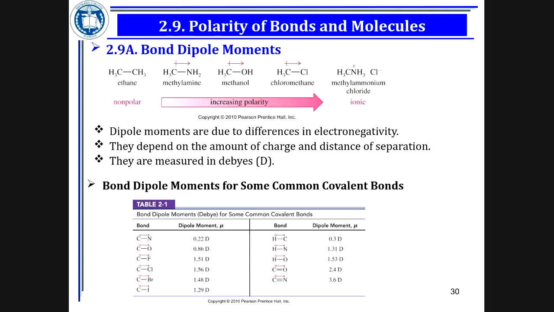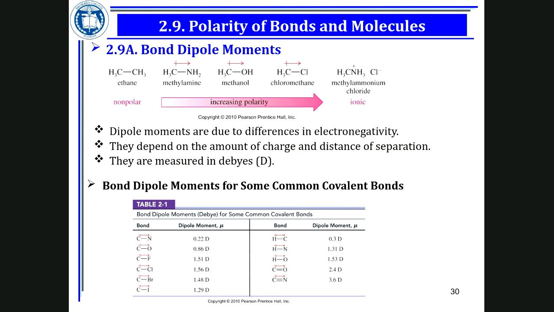Okay. We finished the class yesterday looking at the polarity of the bonds. The bond polarity, when you're talking about just the bond between two atoms, depends on the difference in electronegativity.